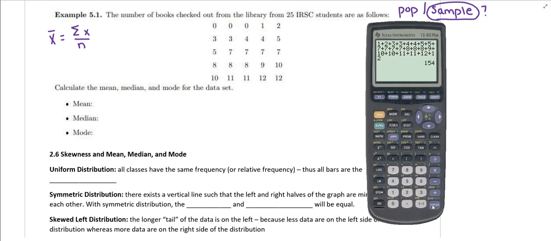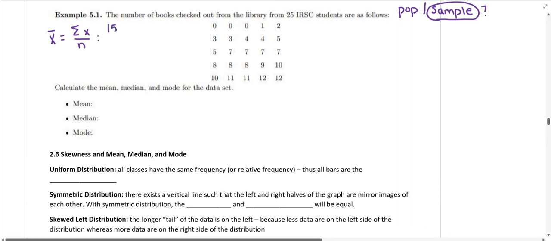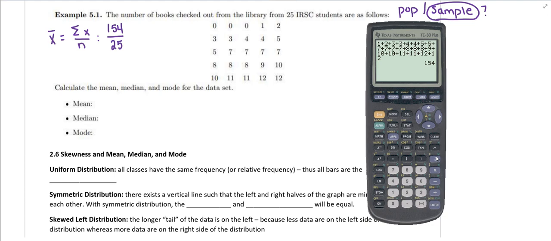All right, so that gives us 154. So the sum of x is going to be 154. And our sample size was 25. So 154 divided by 25 gives us 6.16.